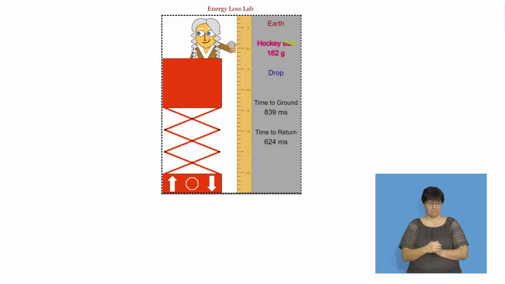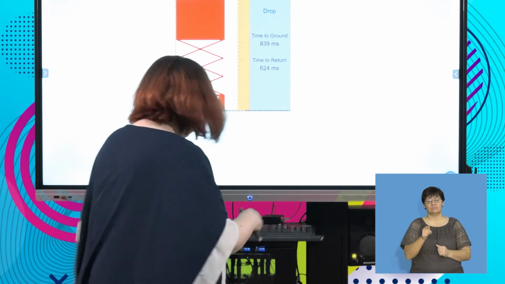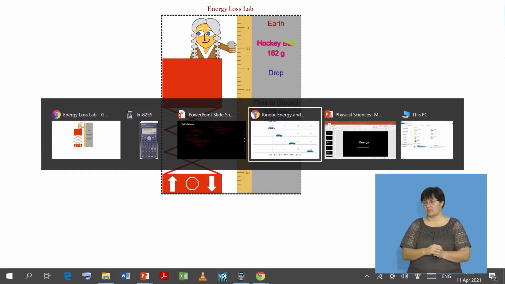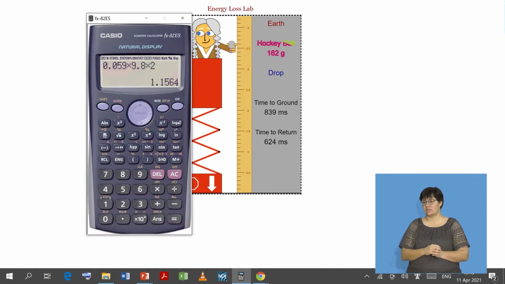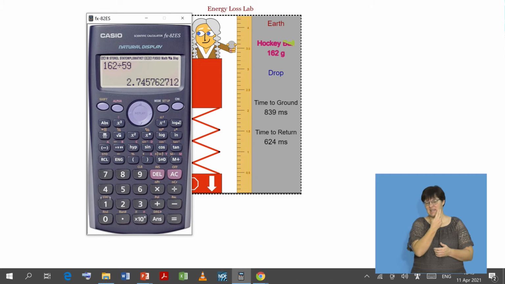That's about 3 times bigger, okay? Not quite, it's about 2.5. Actually, let's just check how many times bigger it is. So I'm going to take the 162 divided by 59, and it's 2.7. Okay, that's a nice sort of round number.